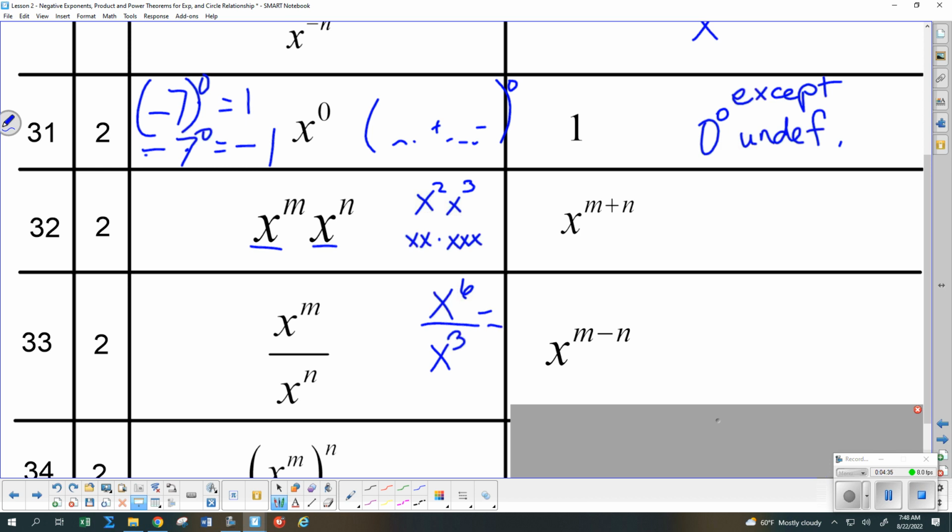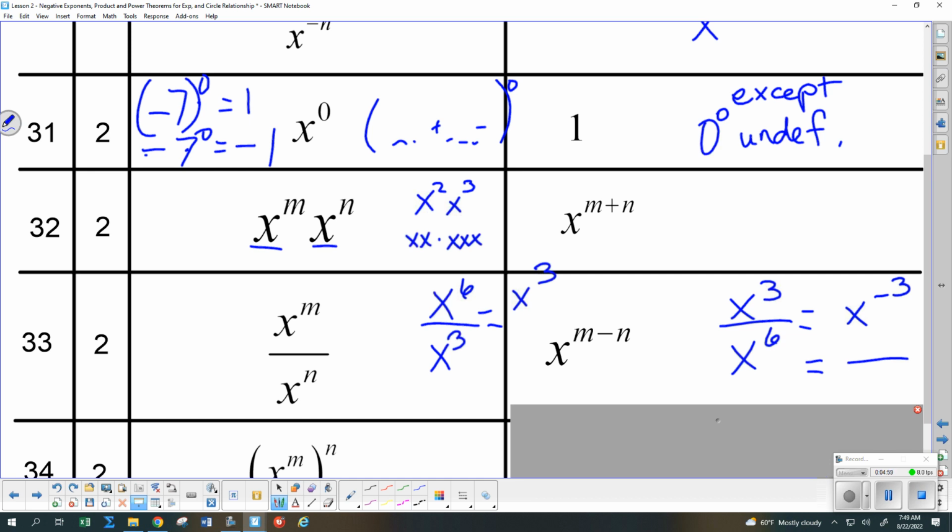What would have happened if it had been x cubed over x to the 6th? Somebody different. What would be happening in that case, Layden? I could still subtract 3 minus 6 and say x to the minus 3. Or what if I didn't want the minus exponent?